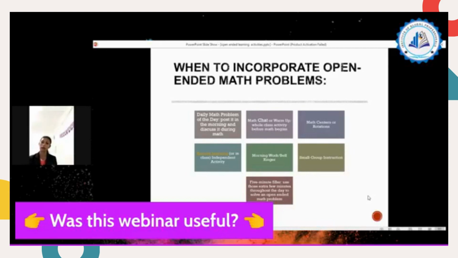And then how about making math rotations, where one student will make up a quote or a math chat discussing one particular problem, and then all of their classmates will be discussing and tackling how it will be done.